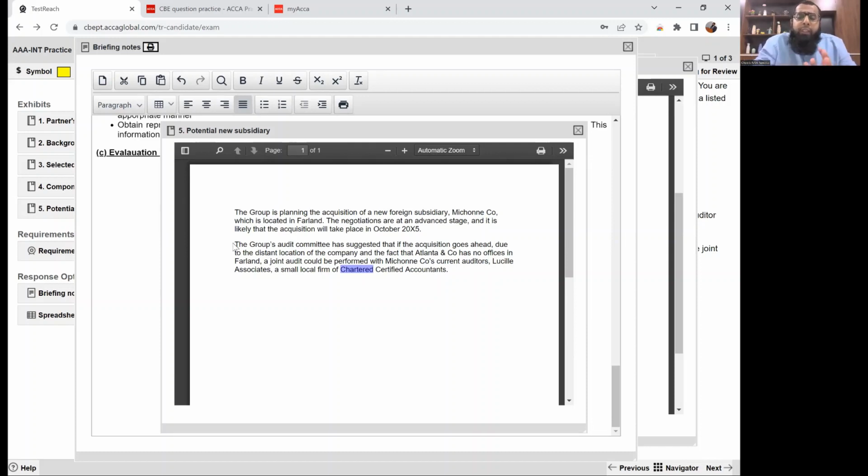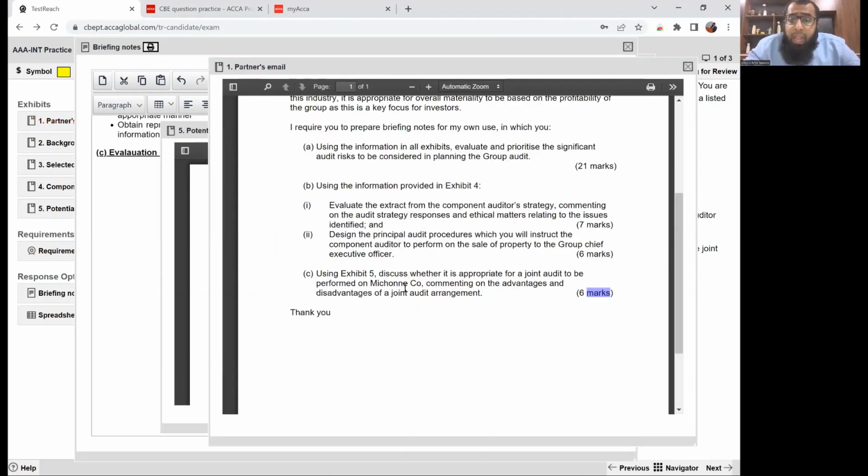So the group auditor is saying that as far as the component audit is concerned, we'll go for joint audit. Now the examiner is asking us to discuss whether it is appropriate for joint audit to be performed, commenting on advantages and disadvantages. So we are provided with 6 marks.